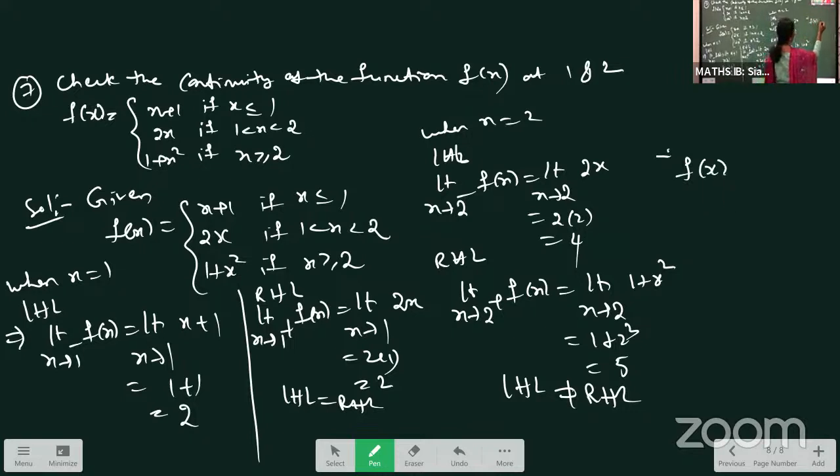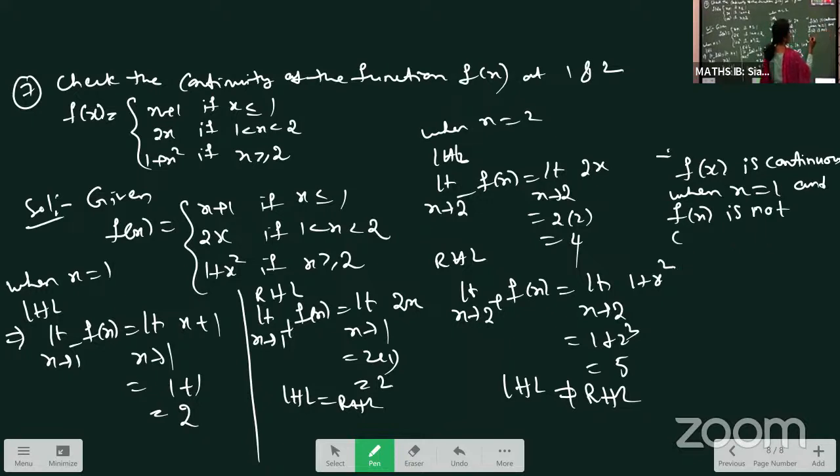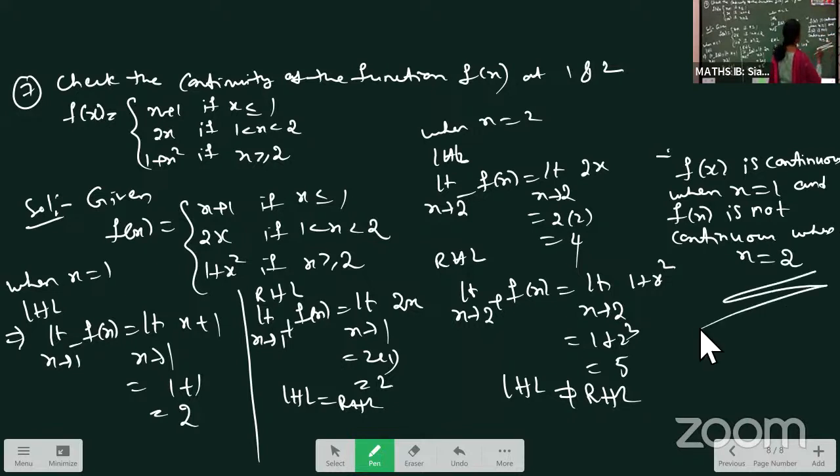Therefore, f of x is continuous when x is equal to 1, and f of x is not continuous when x is equal to 2. So like this, we have to give the conclusion.